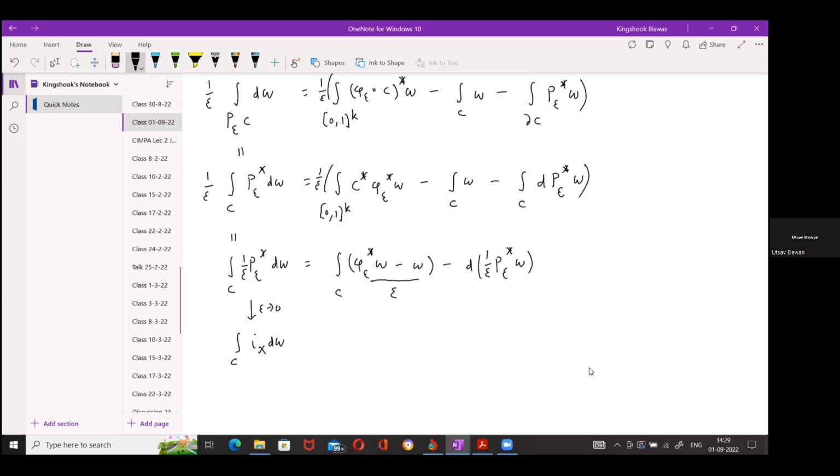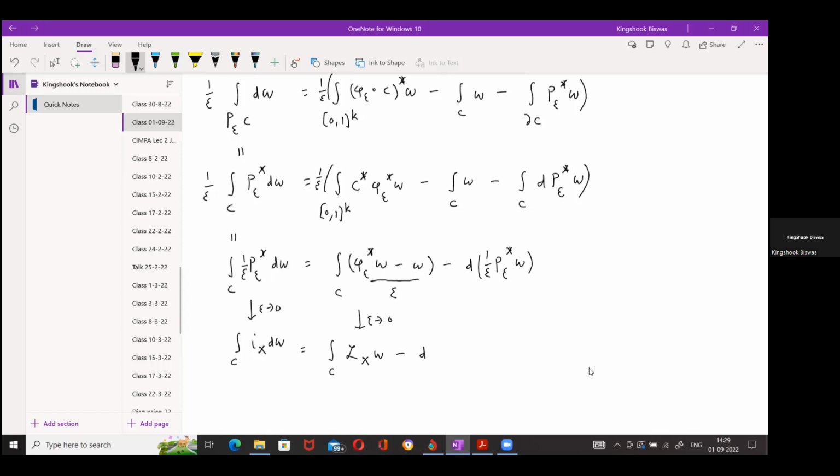And this phi epsilon star omega minus omega divided by epsilon, by definition, converges to the Lie derivative Lx omega. So this term converges to the integral over C of Lx omega minus d of, so this term inside 1 over epsilon p epsilon star omega, that converges to Ix omega, right?